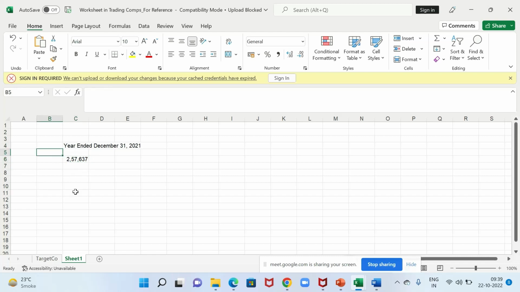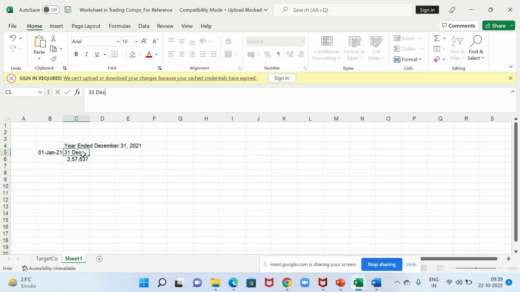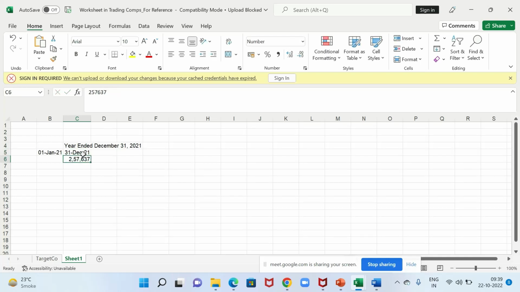This is for the period of 1st January 2021 to 31st December 2021.